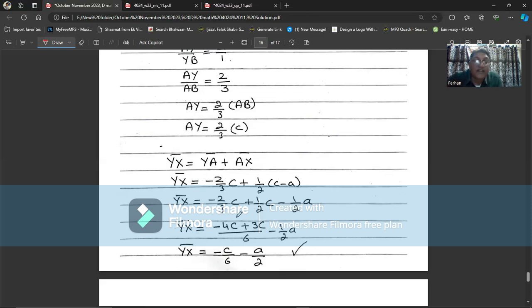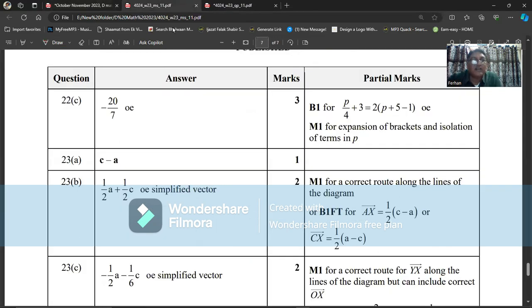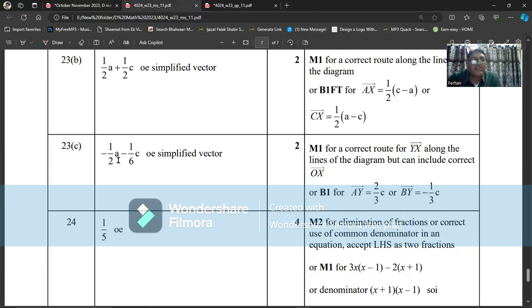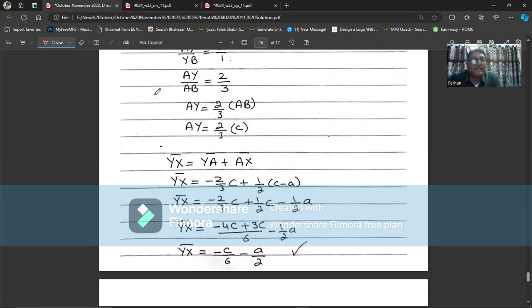When you simplify these two, the LCM will be 6. Here you will have minus 4C plus 3C divided by 6 minus 1 by 2A. So you will have minus C by 6 minus A by 2. So this is the answer. Let's check. Minus A by 2 minus C by 6. Yeah, our answer is the same.